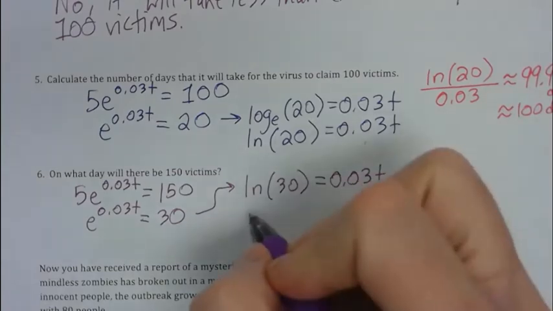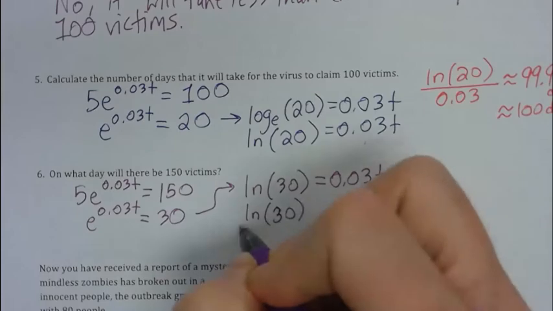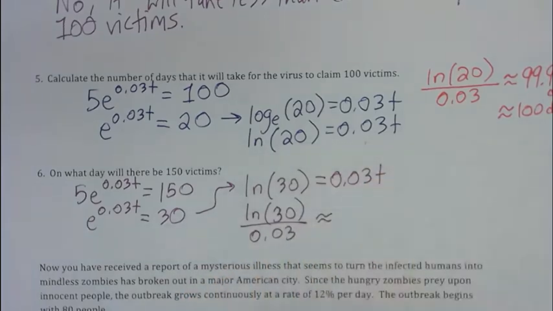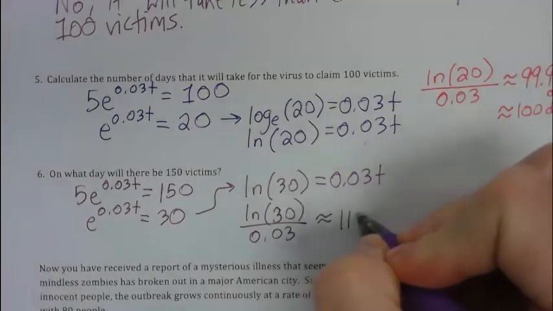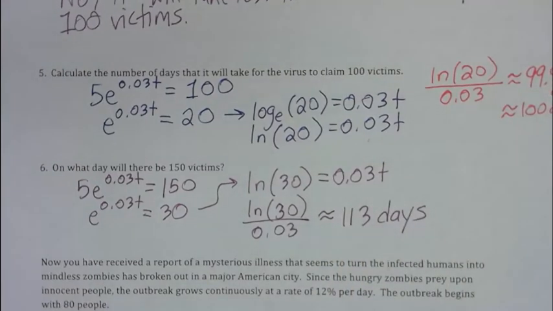And then we're just dividing by the same 0.03 that we did in the last problem. And we get natural log of 30 divided by 0.03. That's about 113 days, and that would be 150 victims. So 150 victims, 113 days later.